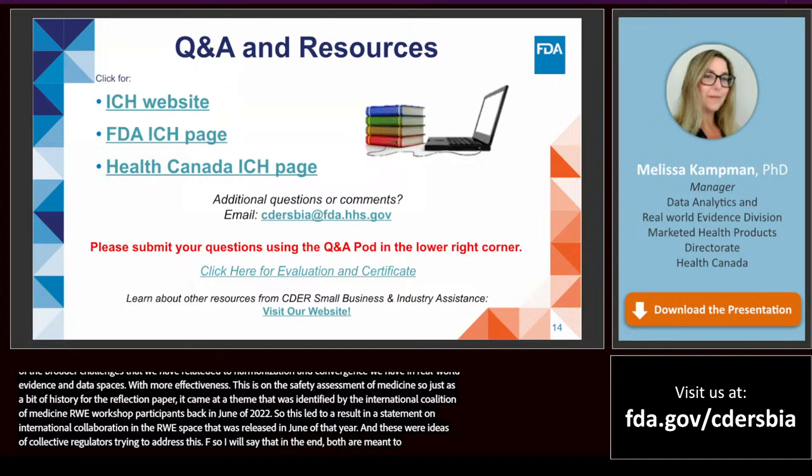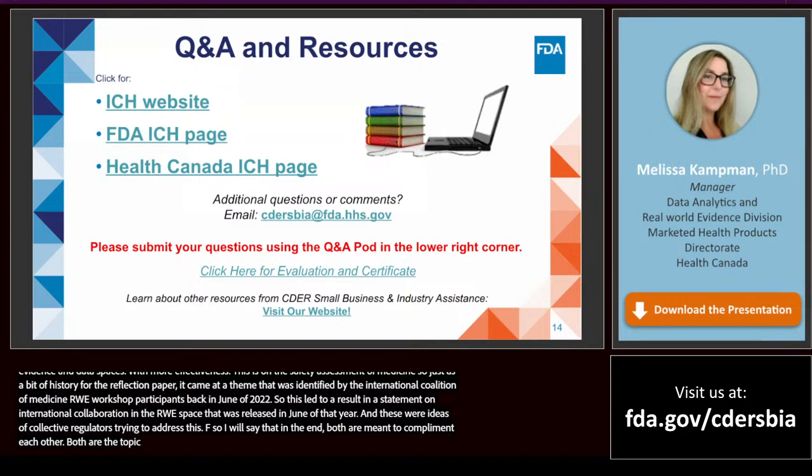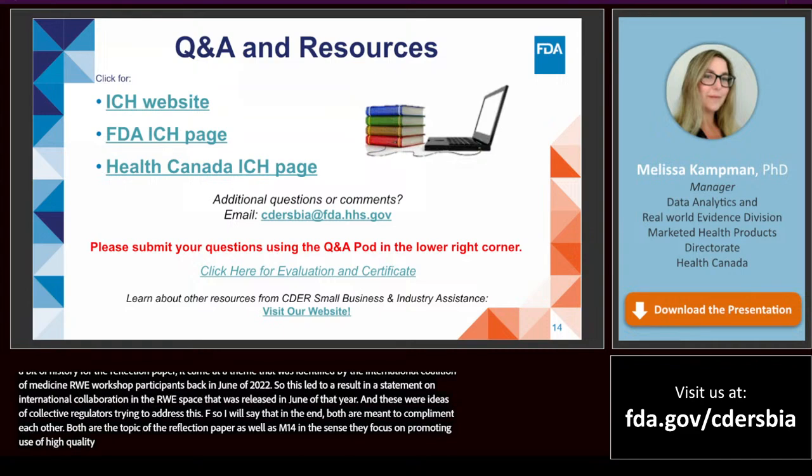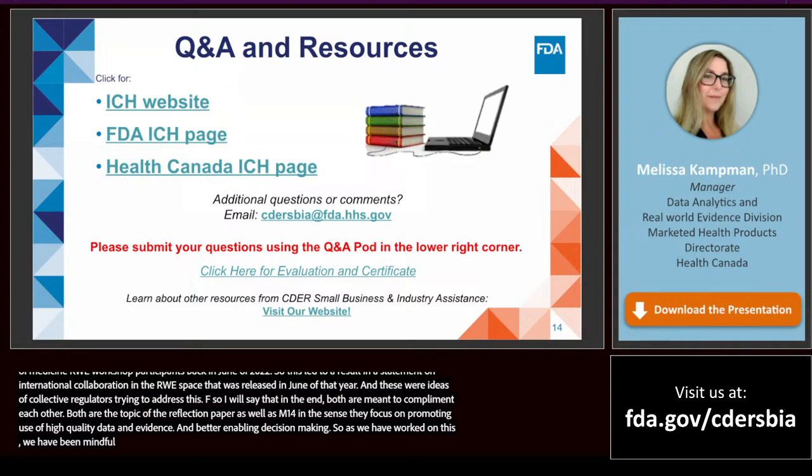Both the topic of the reflection paper as well as M14 focus on promoting the use of high quality data and evidence, and better enabling the integration of both of these into regulatory decision making. As we have worked on both M14 and the draft reflection paper, we have been very mindful of avoiding duplication and inconsistencies amongst the two.